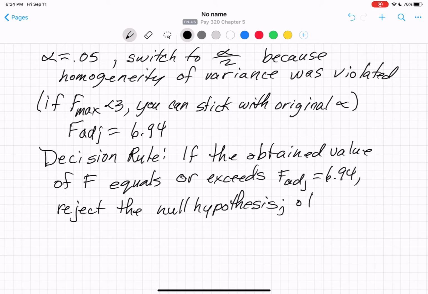Otherwise, fail to reject the null hypothesis.